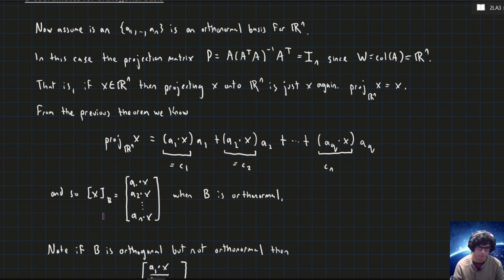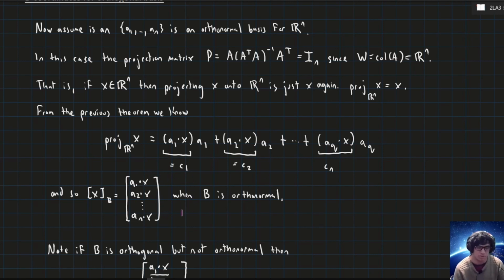Okay, so in other words, we can compute X_B as this, right? To compute the C's, the coordinates relative to B, just take the dot product of X with each of the orthogonal or orthonormal basis vectors.